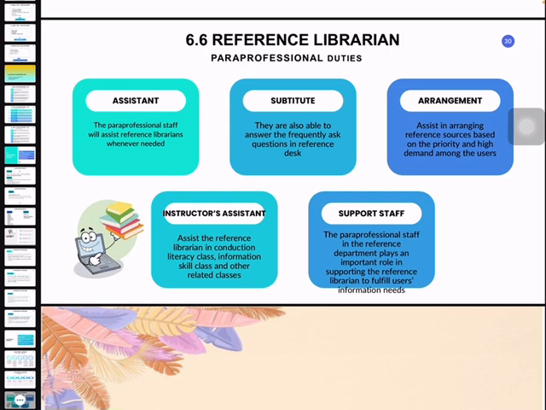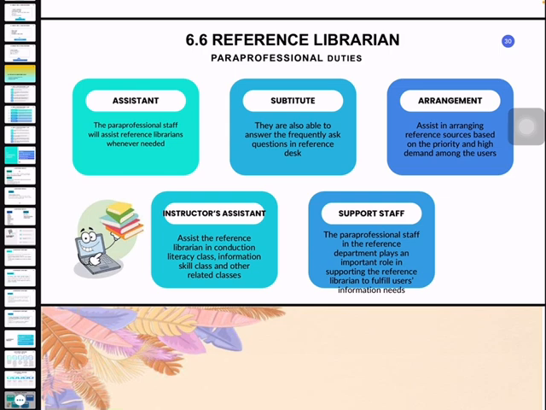Next, instructor's assistant, assist the reference librarian in conducting literacy class, information skill class and other related class. So reference librarian will conduct the class, and then library assistant as well as assistant librarian will help to conduct the class. The paraprofessional staff in the reference department plays an important role in supporting the reference librarian to fulfill users' information need.